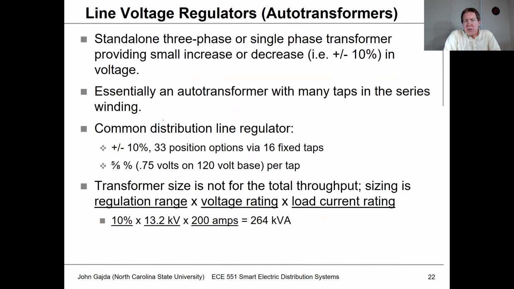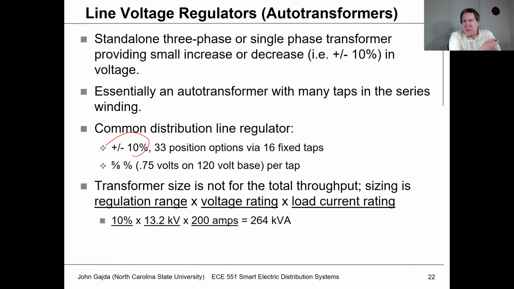Basically what you can do with these line voltage regulators is get small increases, and by small I mean plus or minus 10% changes in voltage along the feeder. As far as the range, usually plus or minus 10% is the standard.